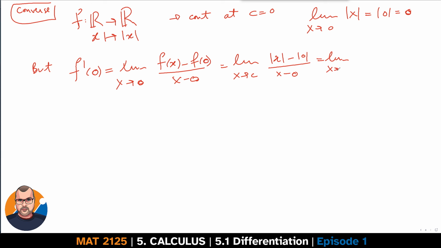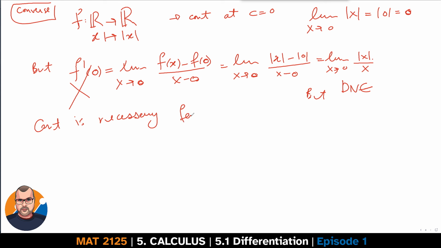And this is the limit when x goes to 0 of the absolute value of x divided by x. This limit does not exist. So f prime at 0 does not exist. What we get here is that continuity is necessary for differentiability, but it's not sufficient.